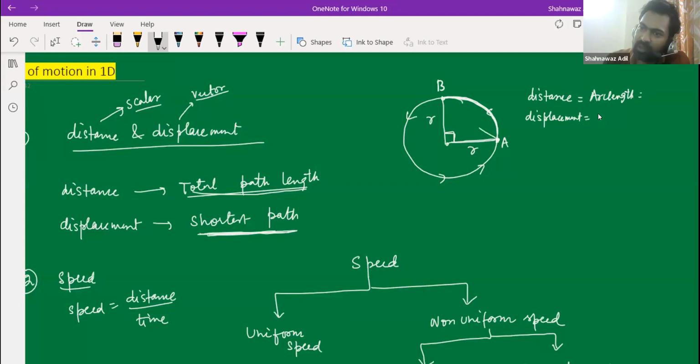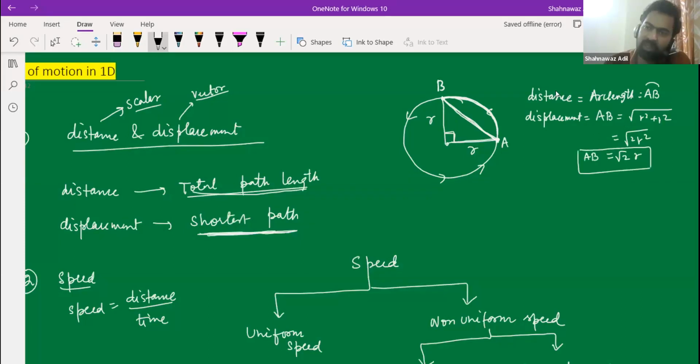We can find out this AB using Pythagoras theorem, perpendicular square plus base square. So that is R square plus R square, which is 2R square, so root 2 R. This is the displacement. Right. And what would be arc length?